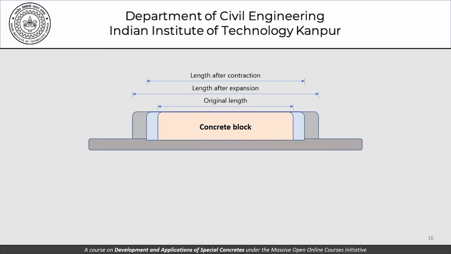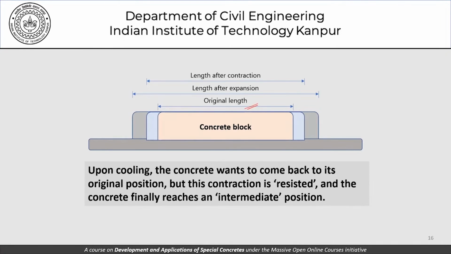The block wants to return to its original position. That is going to be resisted because the concrete is no longer as easy to deform now. Upon cooling, the concrete wants to come back to its original position, but this contraction is resisted and the concrete finally manages to reach only an intermediate position. So this is the position that we are showing here.